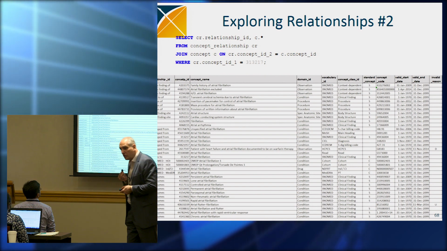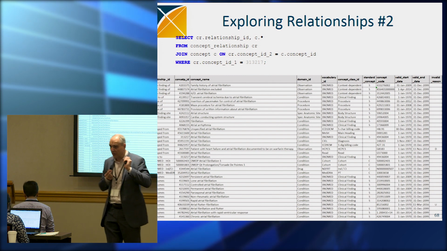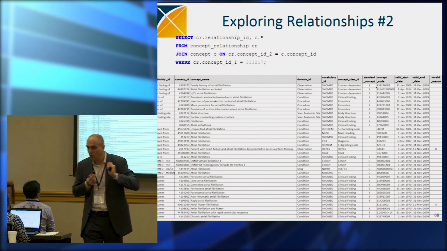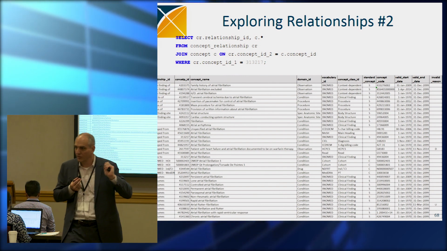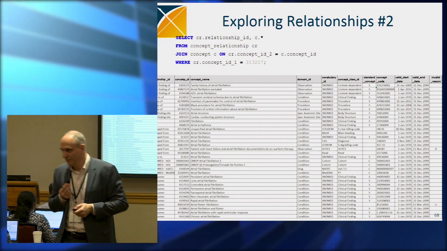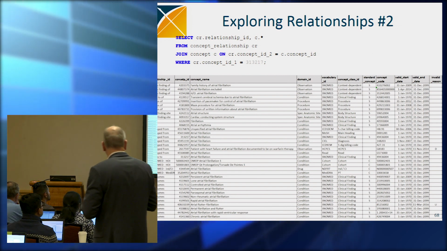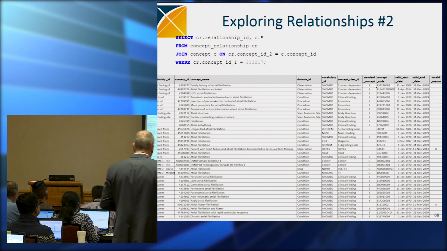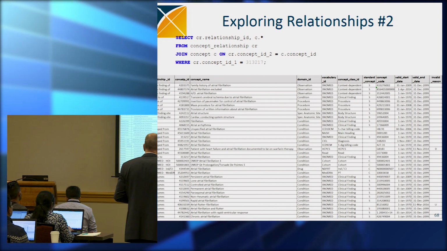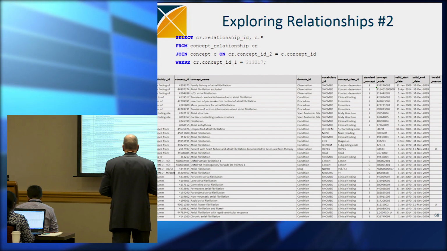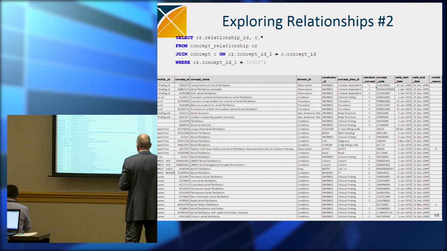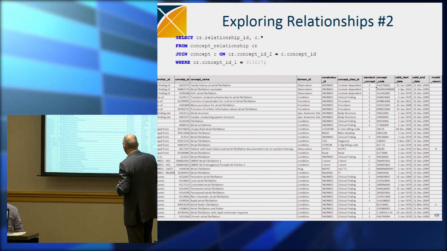That's not a procedure, okay? This is a condition code that gets mapped to a condition because it says patient has atrial fibrillation, okay? We'll talk about the domain situation and how the concepts are assigned. So that's what this is.